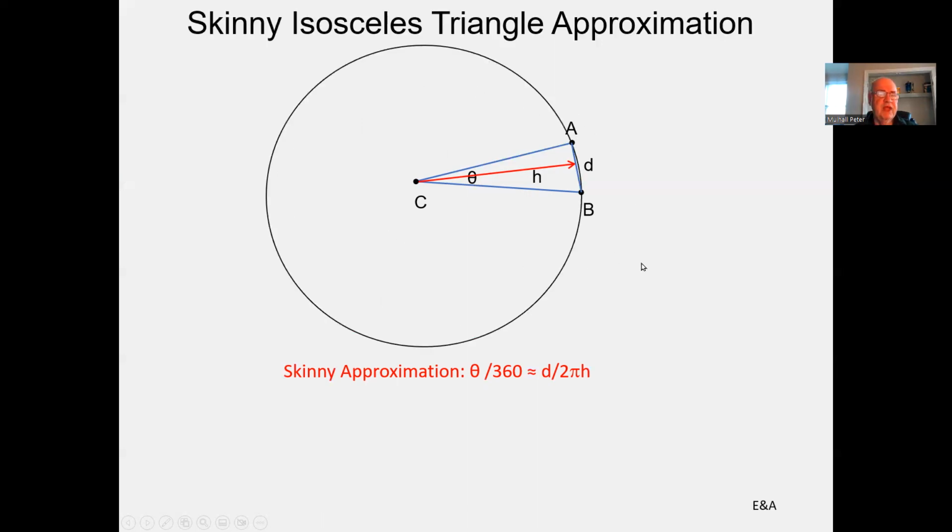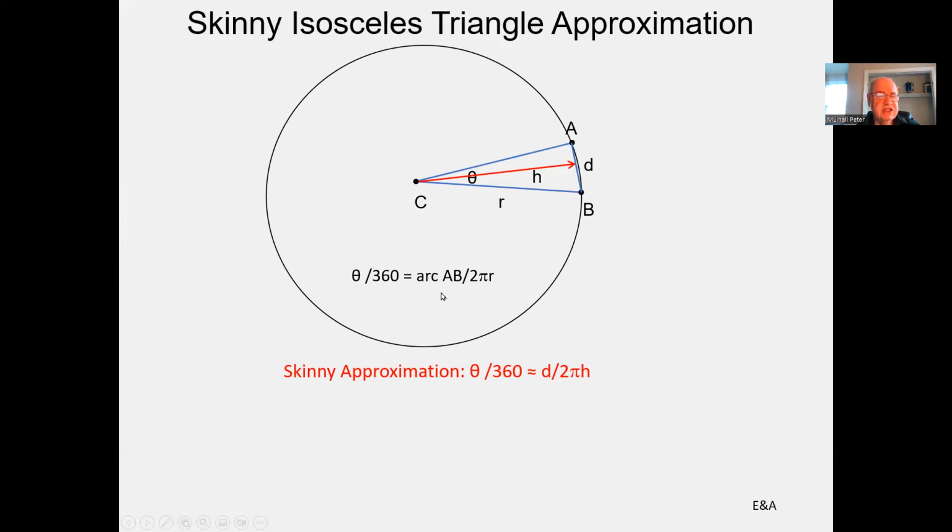And where does this come from? It comes from not an approximation, but a theorem of Euclid that theta over 360 is equal to the entire arc AB of the circle, the curved line AB, over 2 pi r. So theta is to 360 as the arc is to the circumference 2 pi r.